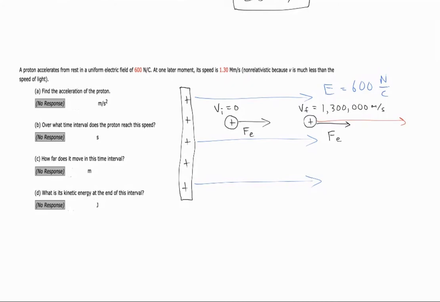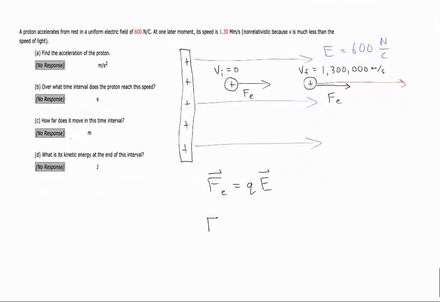Okay, we want the acceleration of the proton, so first formula I would use is F equals Q times E. If we know the field strength and the charge of the particle, then we can find the force that it'll feel.